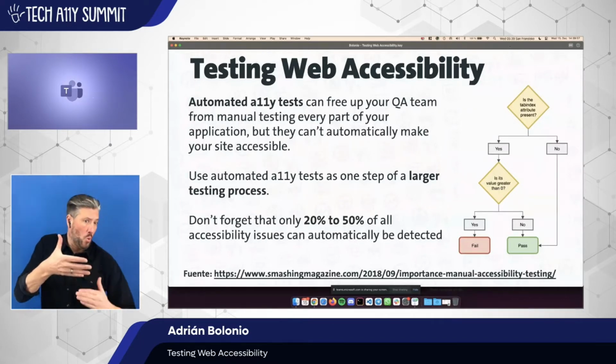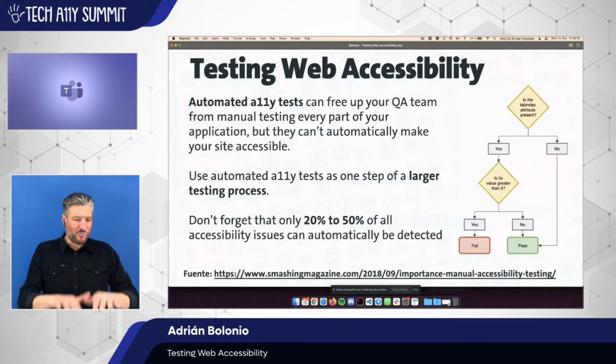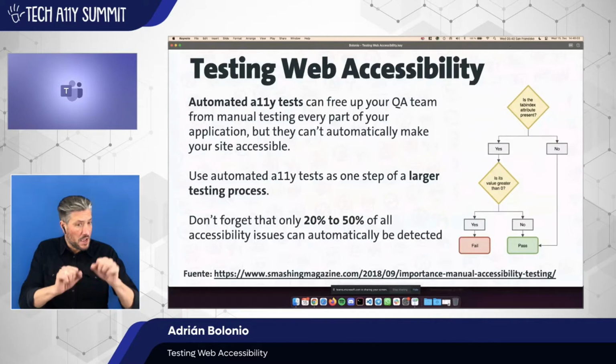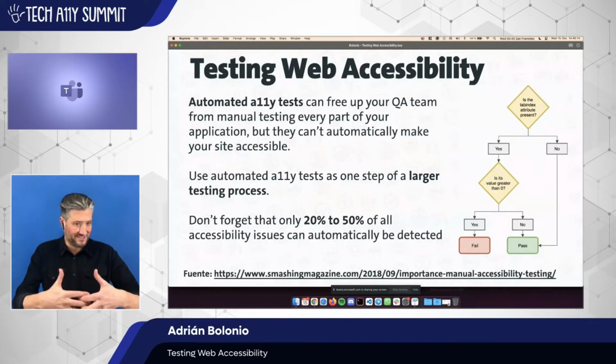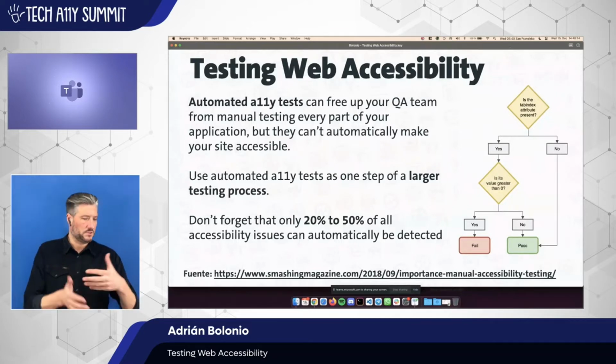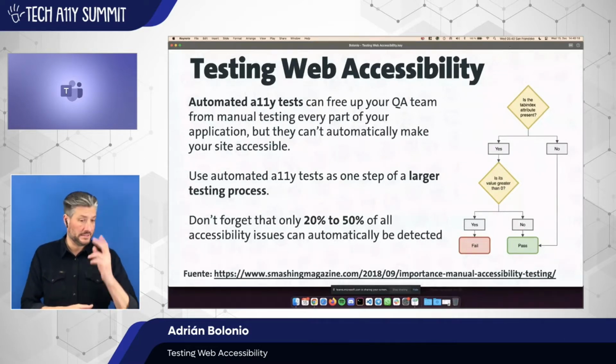They cannot make your website accessible, and we need to treat this automated testing process as a part of a larger testing process where manual testing is as important as the automated one, because we've seen that between 20 and 50% of all the accessibility issues can automatically be detected.